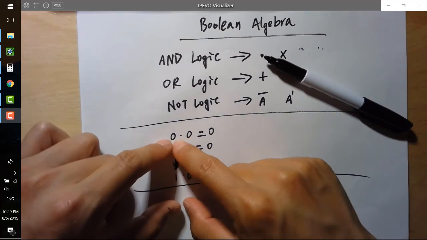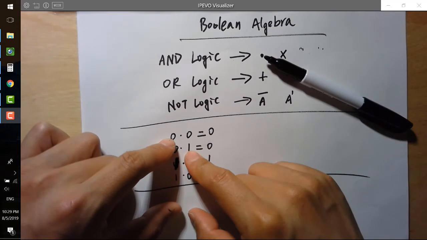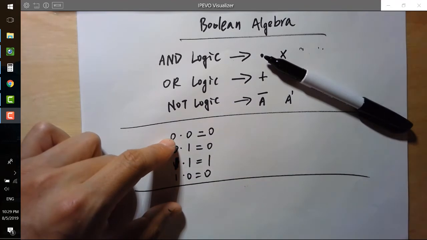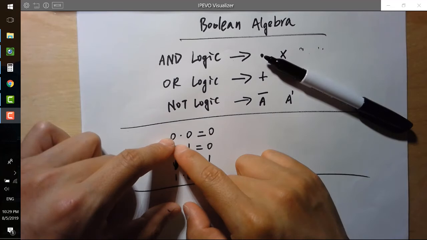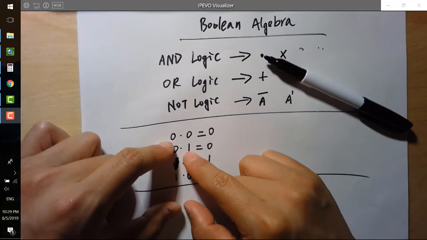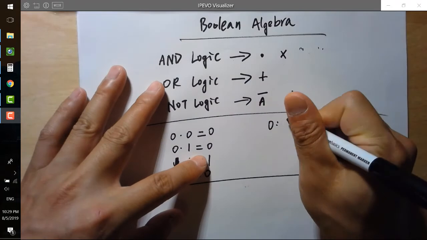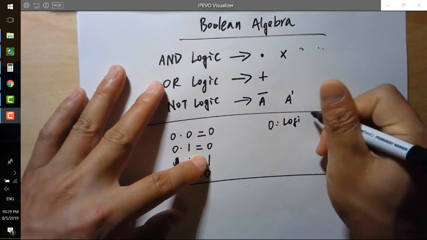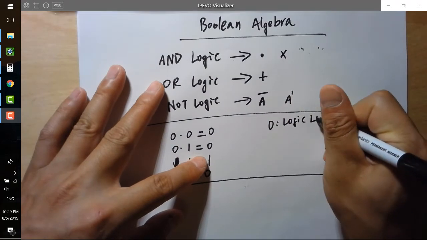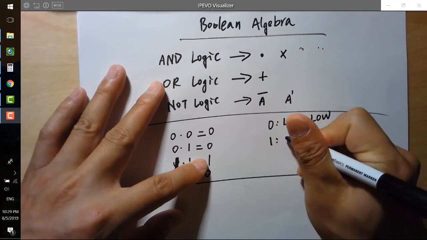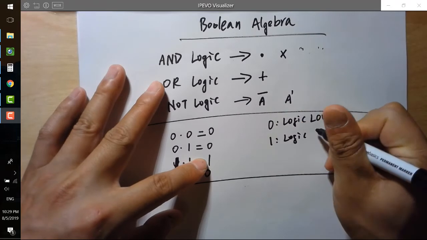So you have ground, which is 0 volts, and logic 1 can be 3.3 volts, can be whatever which is larger than 0, which is defined as a logic high. So 0 is usually a logic low. 1 is logic high.